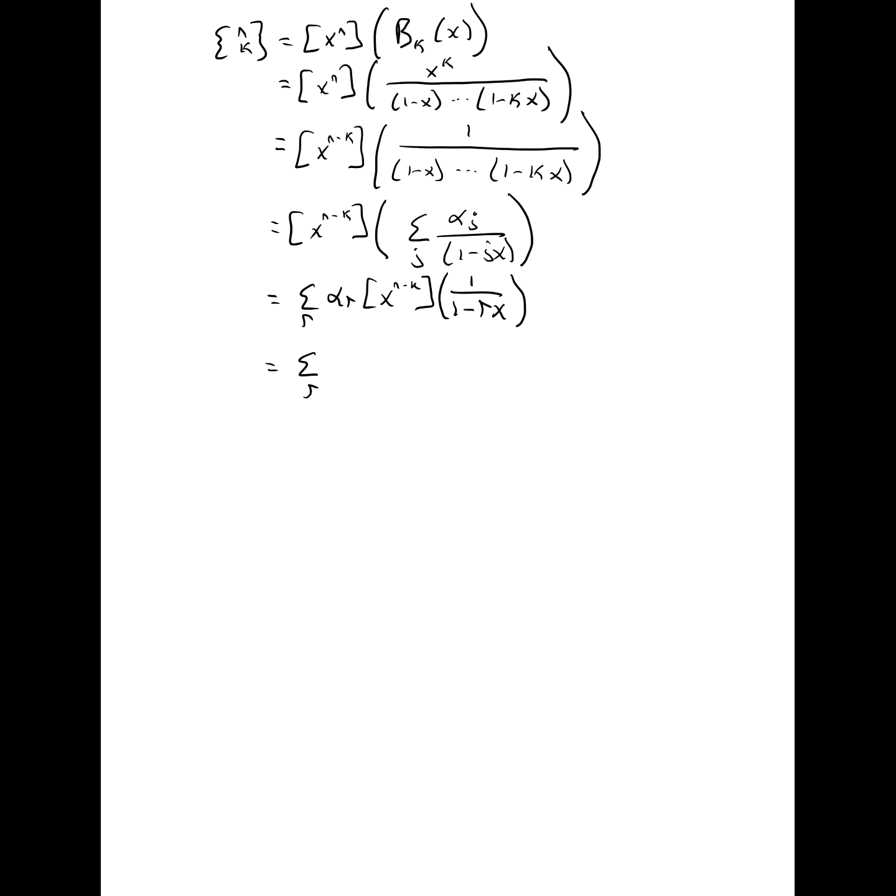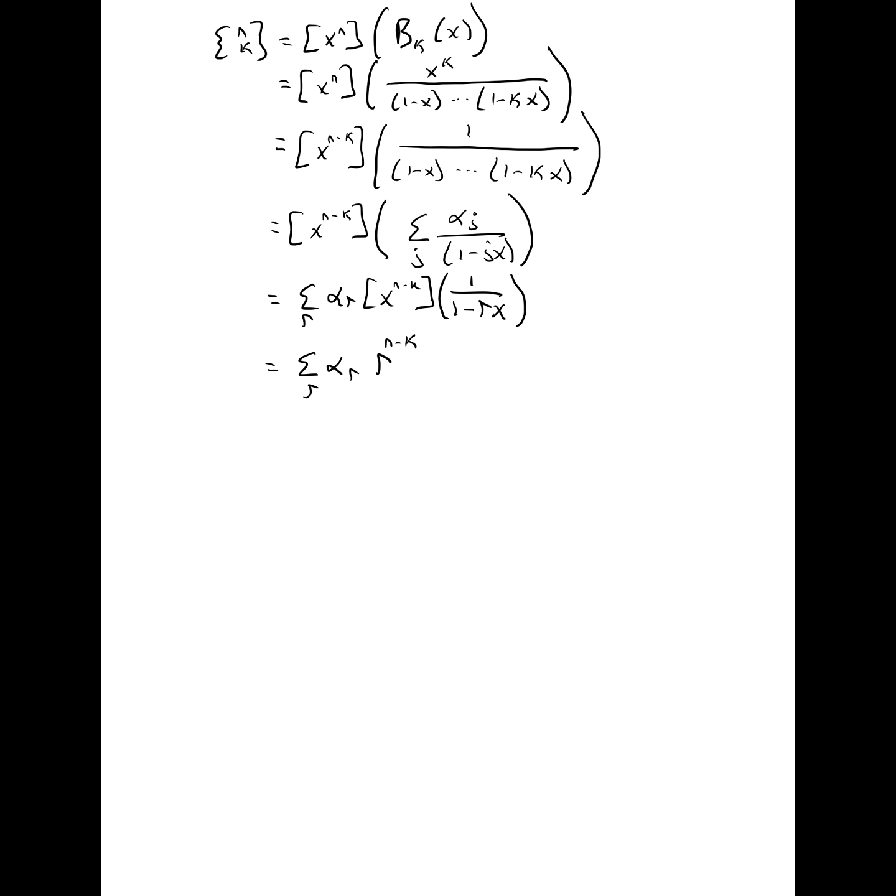So I'm just going to copy this down. The sum from alpha r, but the n minus kth coefficient, the coefficient on x to the n minus k of this geometric series is going to be identically r to the n minus k.